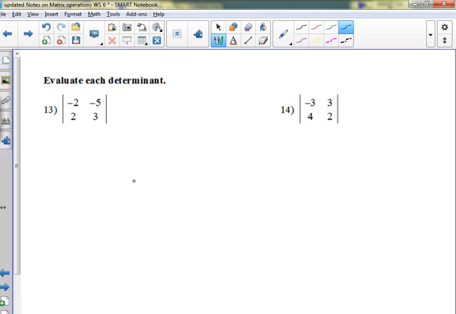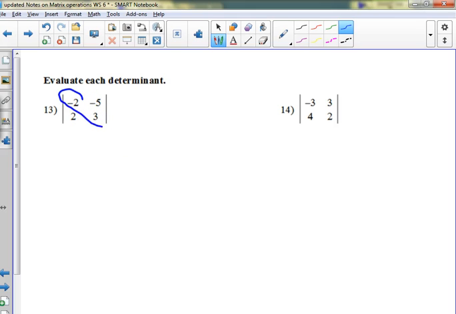By hand, they are a hot mess, and I'm never going to ask you to do one by hand, so just going to do it on the calculator. Okay. A determinant reduces a square matrix into a single number. There's not a great purpose for determinants as long as you have a calculator. So I didn't put this on the quiz, but you're going to think it's really easy and wish I did.